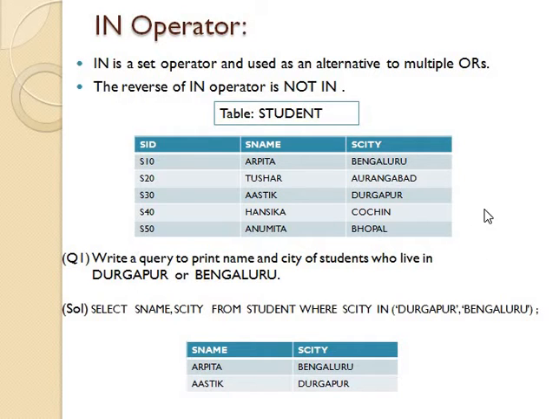Now if you look at the original table student, for the city Bangalore, the student associated with it is Arpita, and for the city Durgapur, the student associated with it is Astik. That's why in the output table you can see the records Arpita Bangalore and Astik Durgapur under the column SNAME and SCT respectively.